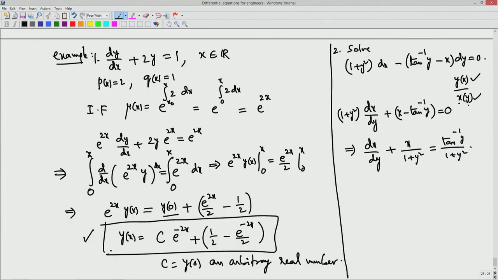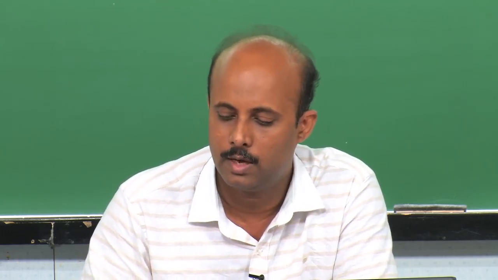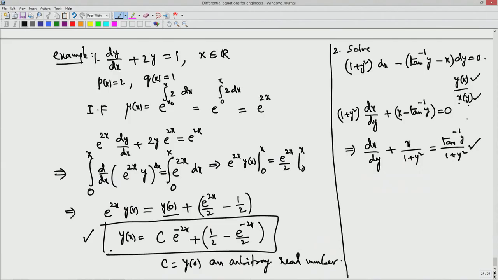So I viewed the equation as though I have a solution that is invertible. So once I have the invertible function x of y, the same equation, which you can view as y as dependent variable and x as independent variable, now with this invertible function I can also view as dx by dy equal to something. So that is what I have. So now x of y is this. So we will solve this equation.